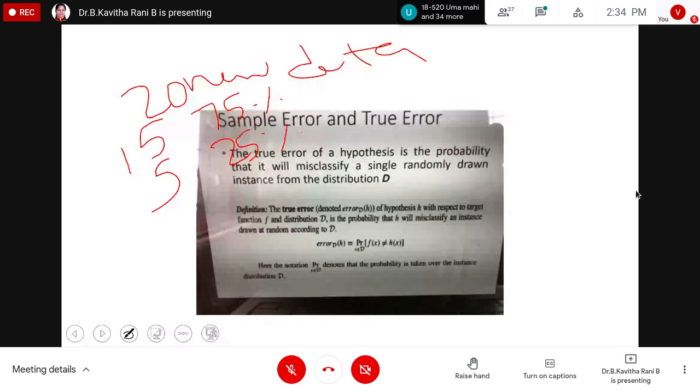If you see the formula, if the probability of the particular hypothesis is more, that is nothing but misclassification is true error, then the true error will be high.